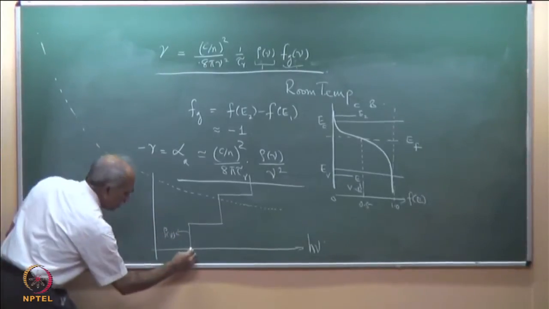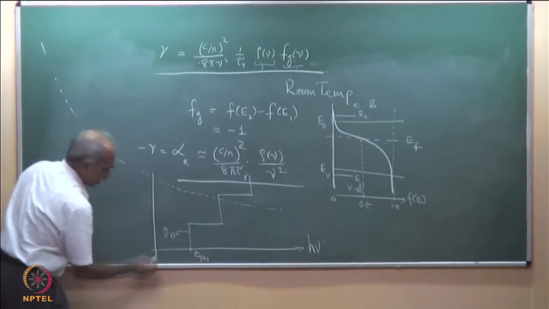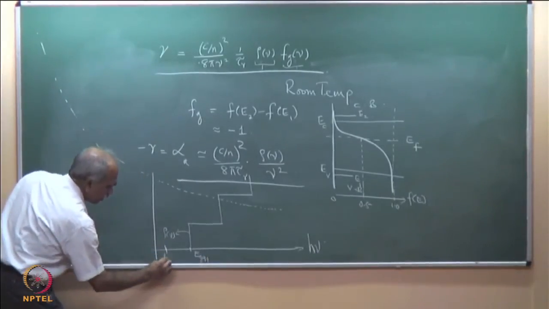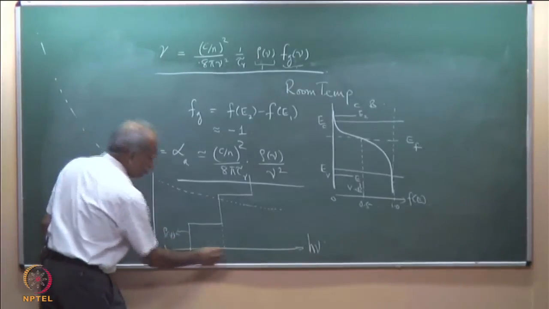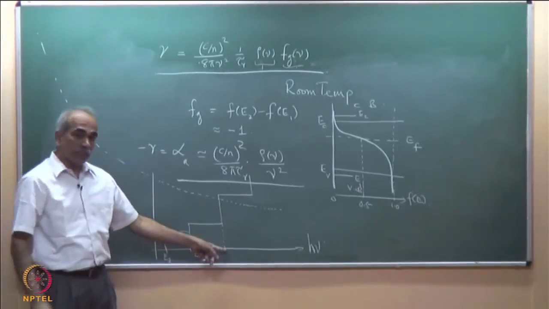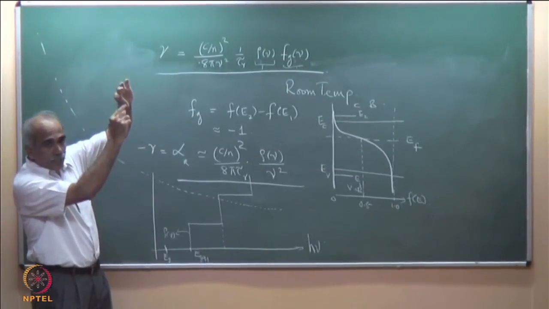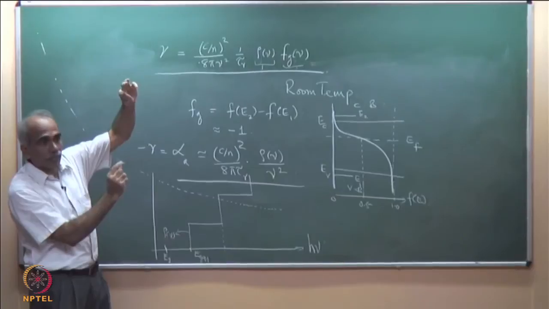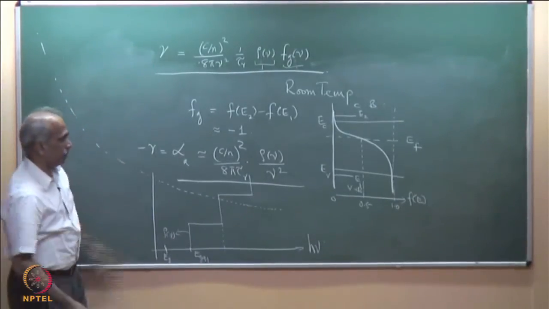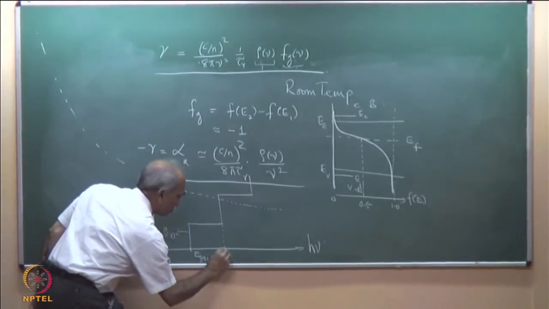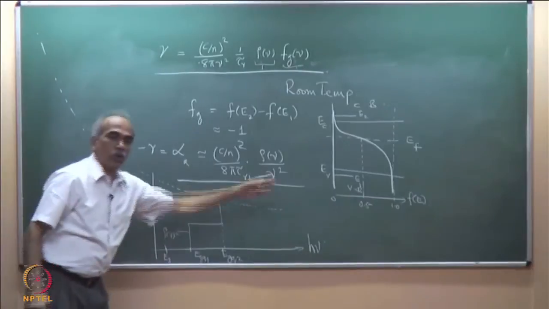Where does it start? This is EGQ1, EG is somewhere here, and this is EGQ2. Remember again, EGQ1 is the difference between the first subband in the conduction band and the first subband in the valence band, and EGQ2 is the difference between the second and the second. So this is EGQ2, and so on.